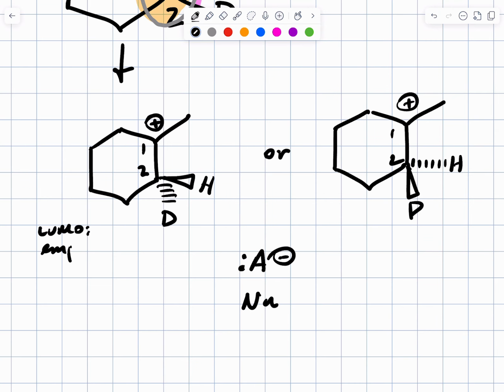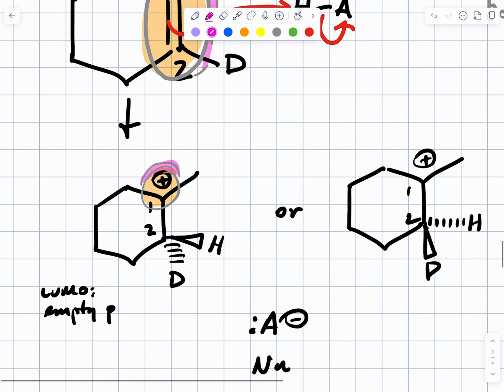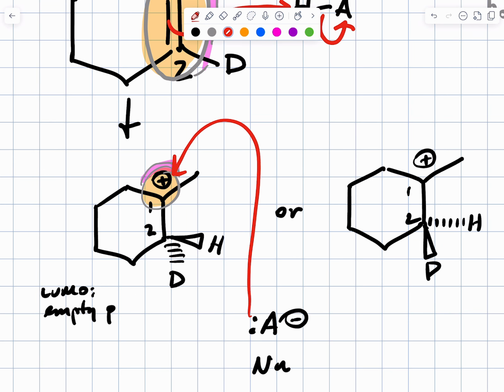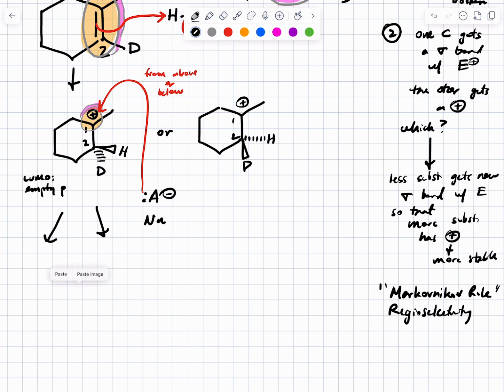The empty p orbital. And if you were to draw that, you would see that it is both above and below the plane of the page, equally distributed on either side. So your nucleophile can attack the positive charge either from above or below. That means for the carbocation on the left, you have two options.